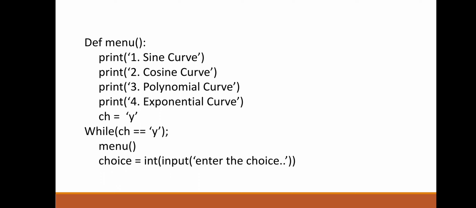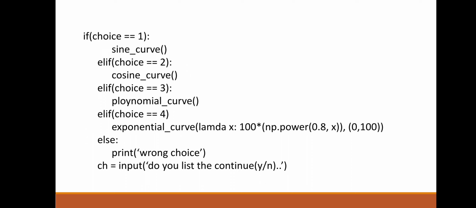input, enter the choice. That means the choice must be in the range of 1 to 4. If we give some number above 4, then it is going to show us an invalid statement. So we have to give an integer value as the input for the choice of the curve we require. So here there are some if else statements.